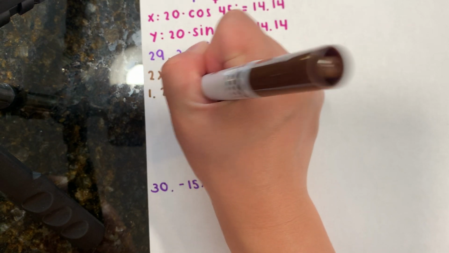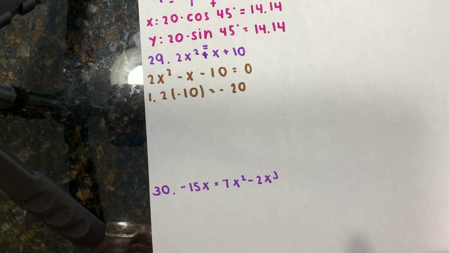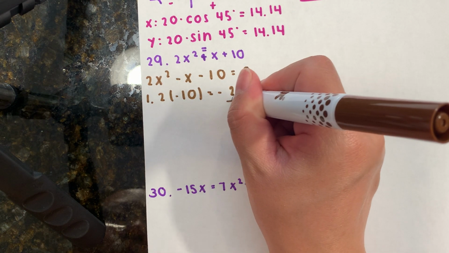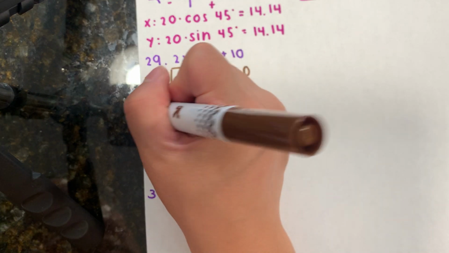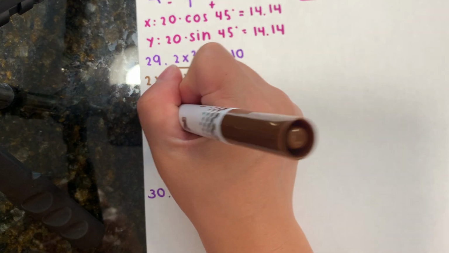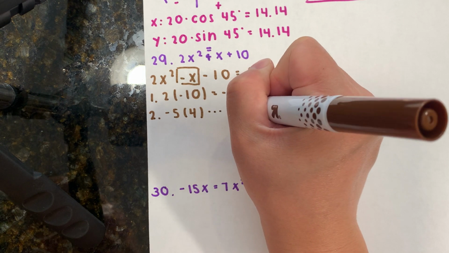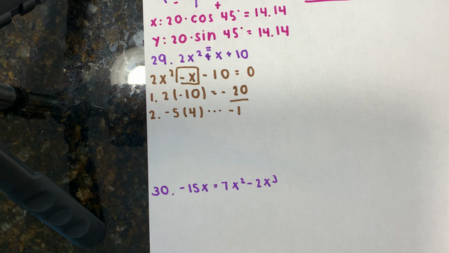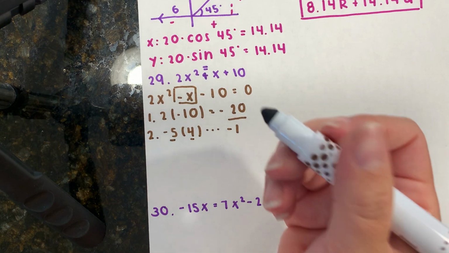So 2 times negative 10 is negative 20. I need two numbers that multiply to give me negative 20, but add up to give me negative 1. And that would be negative 5 and positive 4. They add up to give me negative 1. So the negative 5 and the 4 are going to replace my negative x.